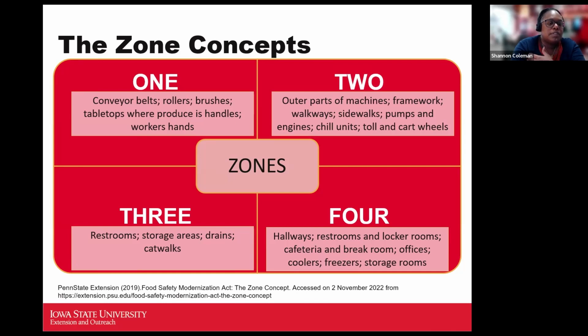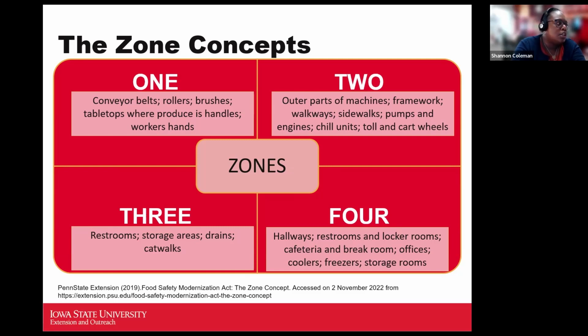Food contact surfaces are considered zone 1, as you can see in the image here, and it's high risk for food products to become contaminated. For zone 1, conveyor belts, brushes, and workers' hands are considered the initial food contact surfaces that your fresh produce can come in contact with.